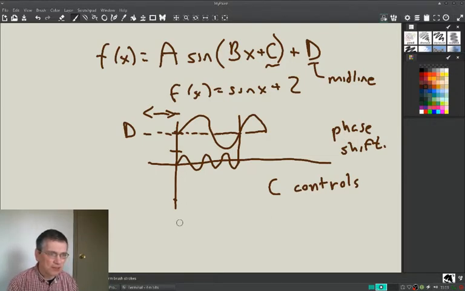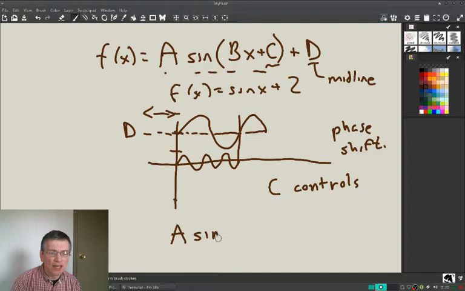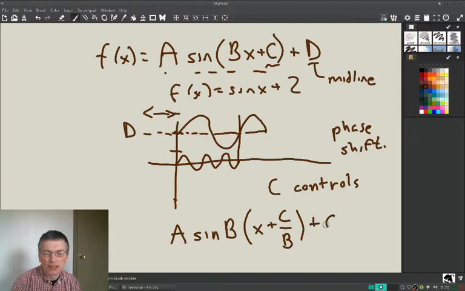Now let's see how that works. In general, I'm going to rewrite this. Let's take this equation up here, and I'm going to factor a b out of this middle section. So this becomes sine of b, bear with me, x plus c over b, plus d. Again, this d is separate out here.